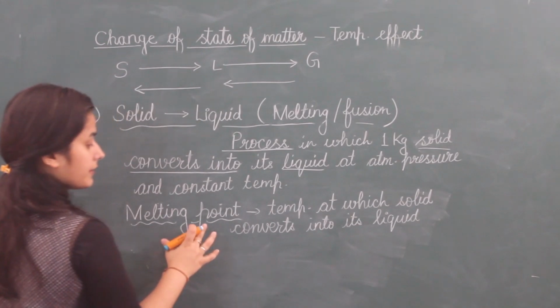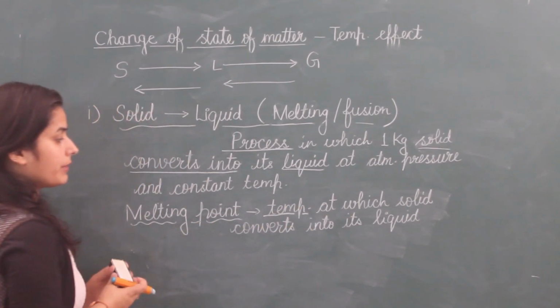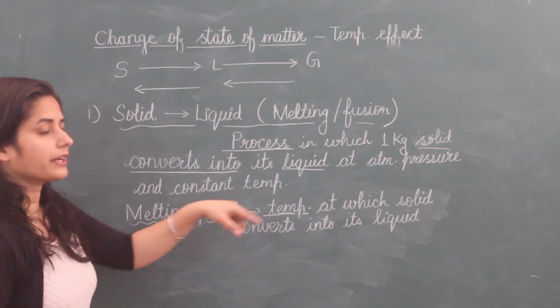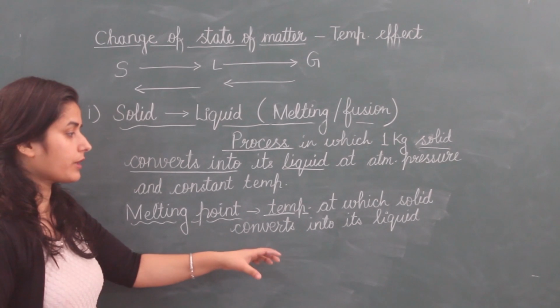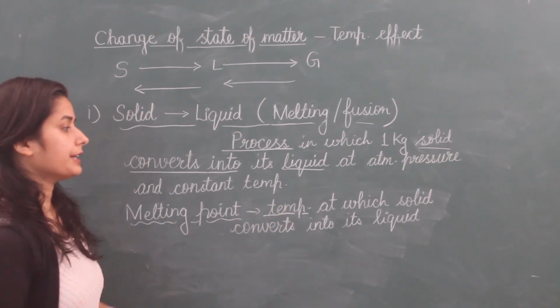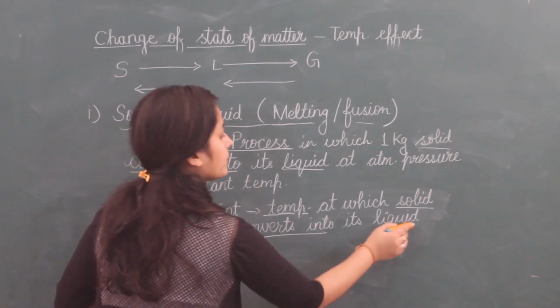The word temperature is important. Many students write here "the point at which". It is not the point, it is the temperature. So you have to write here: temperature at which solid converts into liquid.